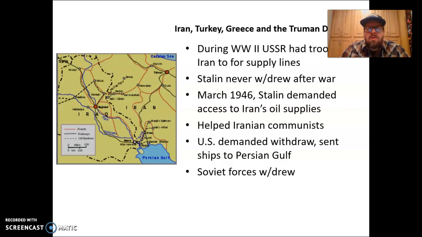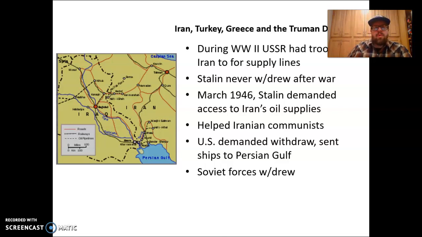countries right there. So during World War II, the Soviet Union had put troops in the country of Iran in order to have supply lines from the Soviet Union down to the Persian Gulf, and then eventually into the Indian Ocean, and then off into the Pacific Ocean.